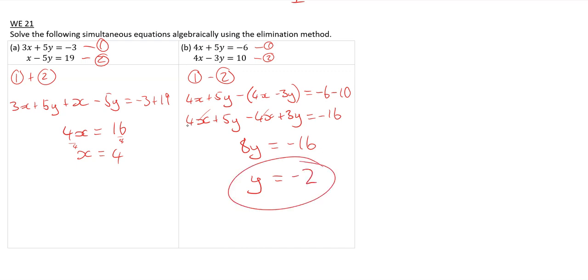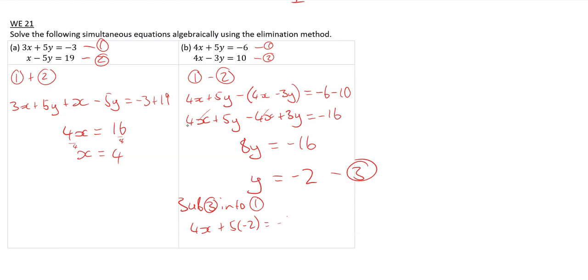If I sub that value back into one of those equations, I need a value for x, don't I? Always need a value for x. Okay, let's call that equation 3, and then sub 3 into, it doesn't matter which one, 1 or 2. I'm just going to go for 1. Why not? y equals negative 2. So 4x now, plus 5 times negative 2 equals negative 6.